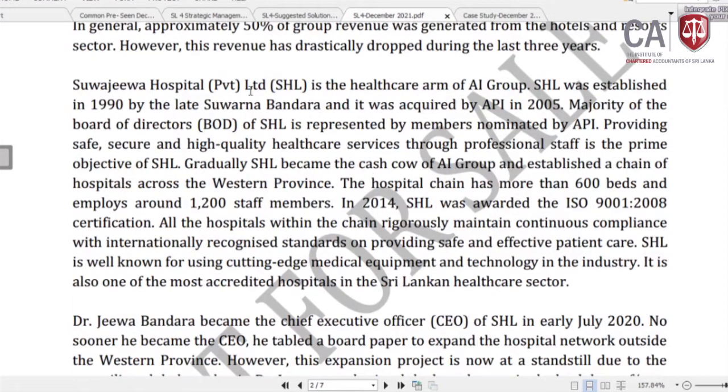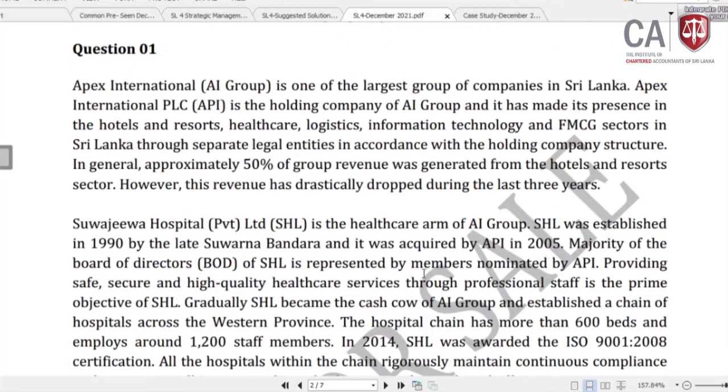Suvajiva Hospital Private Limited is the healthcare arm of the group. Now, look at this scenario. We started with Apex International, then we go to the AI group, and now Suvajiva Hospital Private Limited.